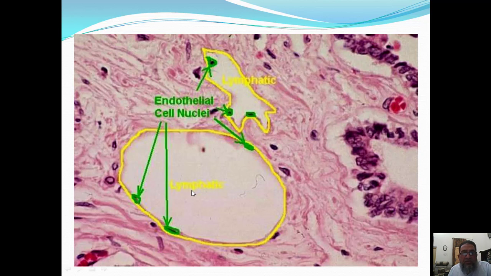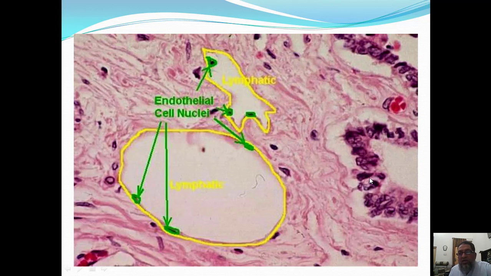Now this is the lymphatic capillary. Look at the picture. The endothelial cell nuclei are widely apart. Basal lamina is there, yellowish. This is the almost collapsed form of a lymphatic capillary, surrounded by interstitial connective tissue with fibroblasts.